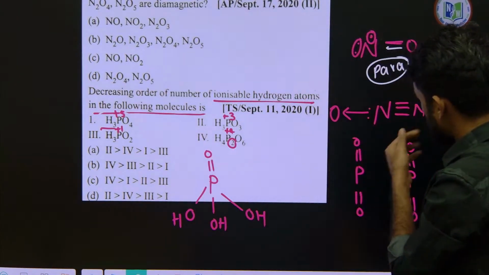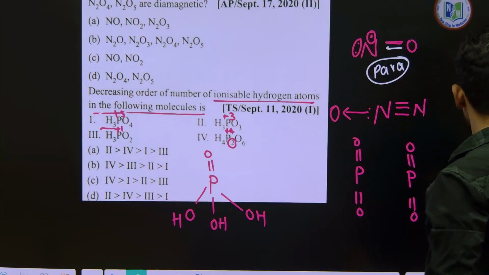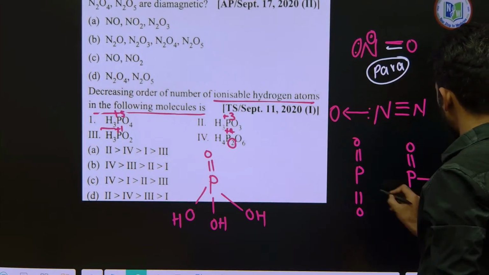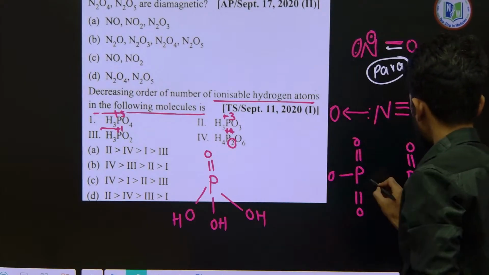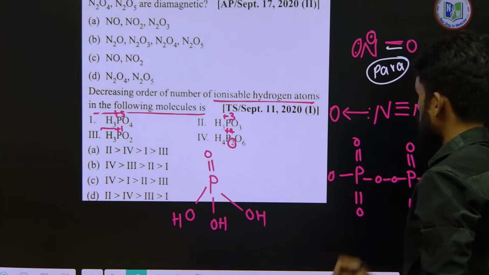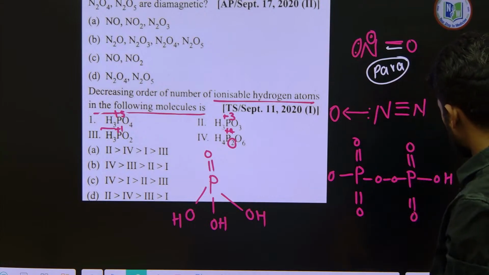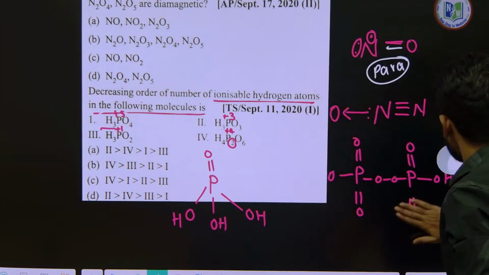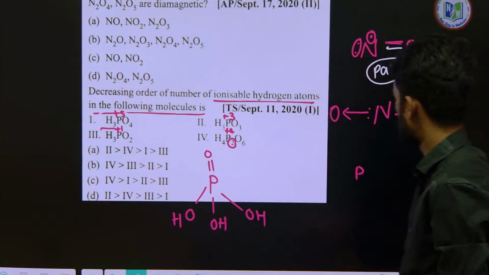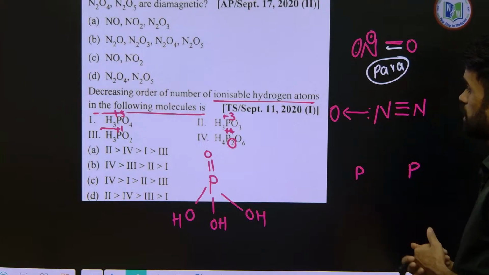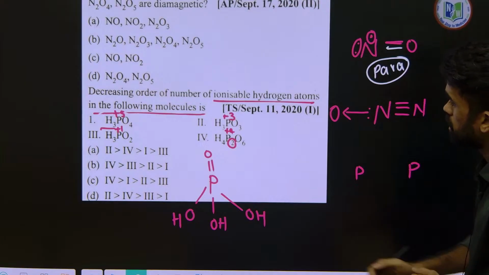If I look for this, P, P, O, O, and the next OH. See what I am doing, I am inserting one peroxy bond here. Let me write it once again. 2 phosphorus atoms are there, and how many oxygens are there? 6 now.